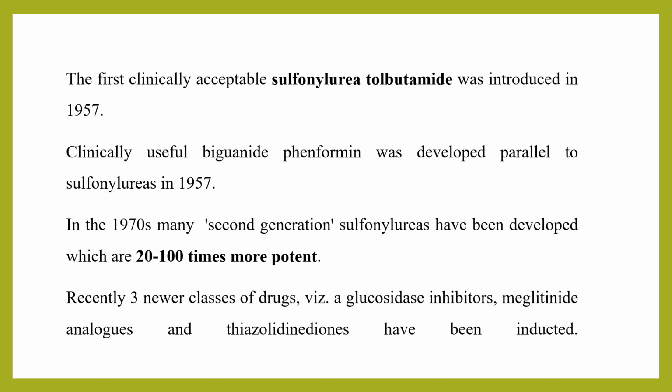In the 1970s, many second-generation sulfonylureas were developed, which are 20 to 100 times more potent. Recently, three newer classes of drugs, that is alpha glucosidase inhibitors, meglitinide analogues, and thiazolidinediones, have been introduced.